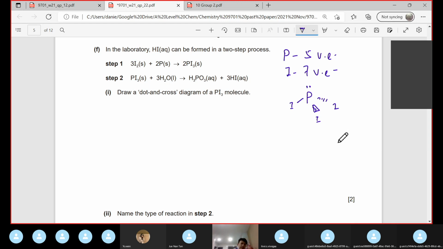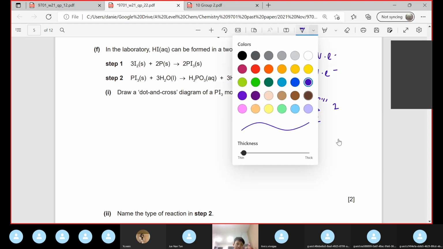Trigonal, yes, it is trigonal pyramidal. It is similar to NH3, right? Yes, trigonal pyramidal. Make sure you familiarize yourself with all the names of the geometries.